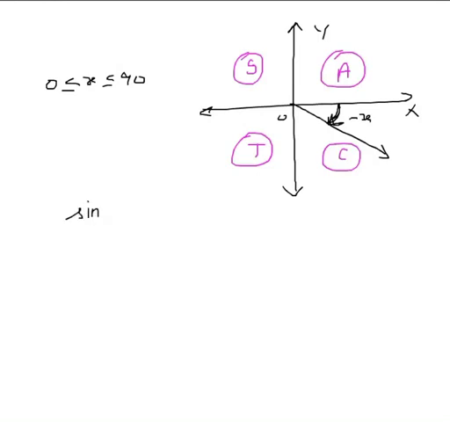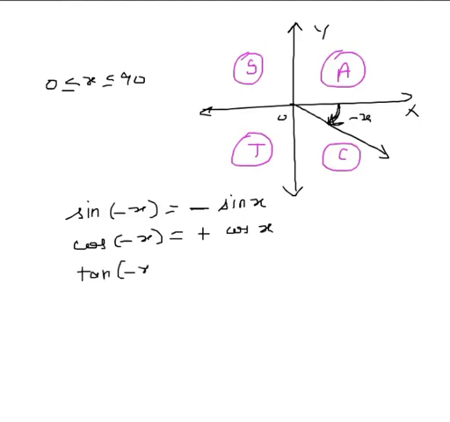Now sine of minus x is a fourth quadrant angle. In the fourth quadrant, sine is negative, so it will be equal to minus sine x. And cos of minus x, cos in the fourth quadrant is positive, so it becomes plus cos x. And tan is again negative, so it becomes minus tan x.